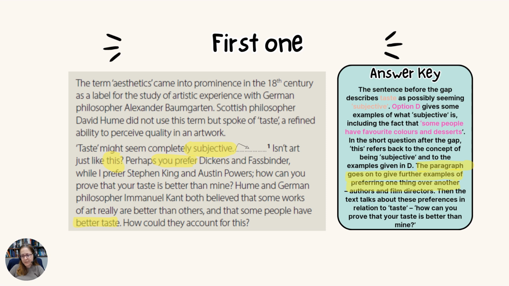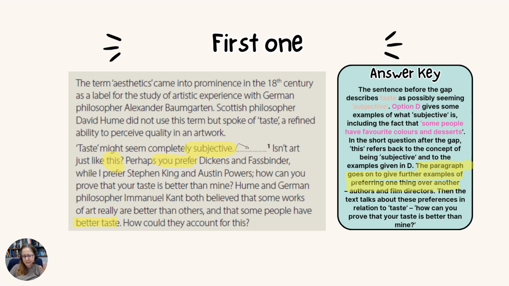In the explanation, it says that it describes taste as possibly seeming subjective, and option D gives some examples of what subjective is. So in this gap, we're going to expect an example. That's usually another clue for getting this part of the test right: expect an example.